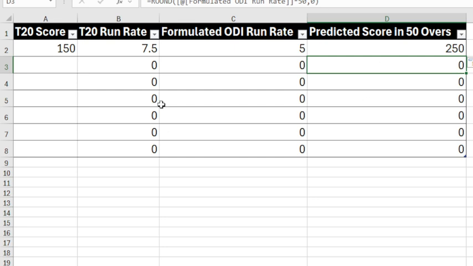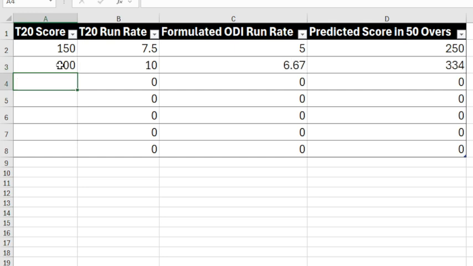So going back to the second example, the most popular would be the Ahmedabad pitch that we have. An average Ahmedabad wicket would have a par score of 200. So with that formula, the T20 run rate is somewhere around 10.